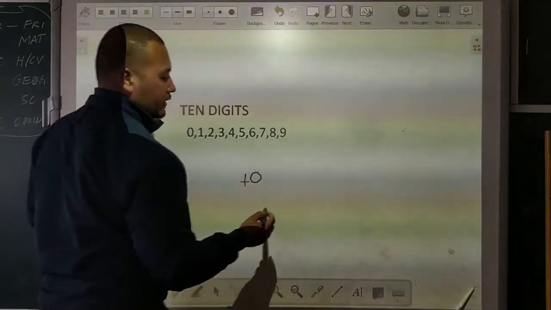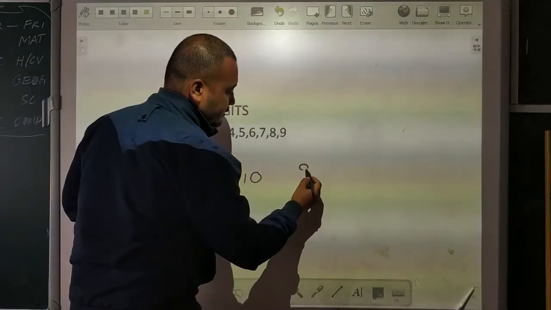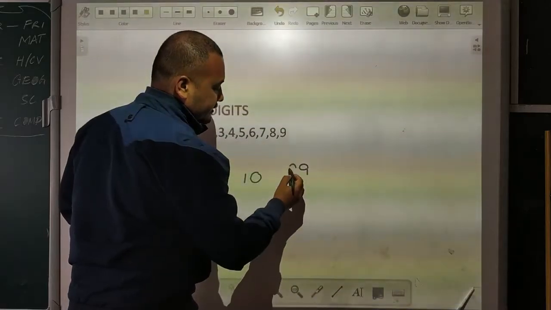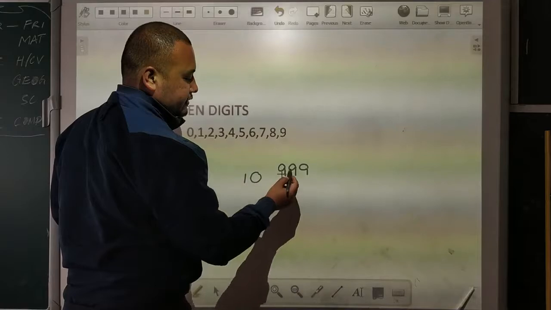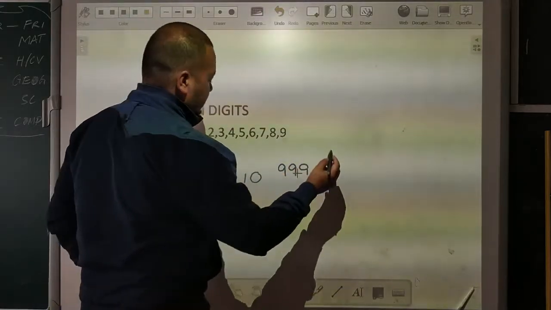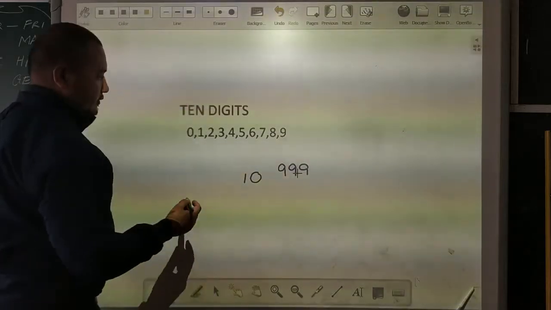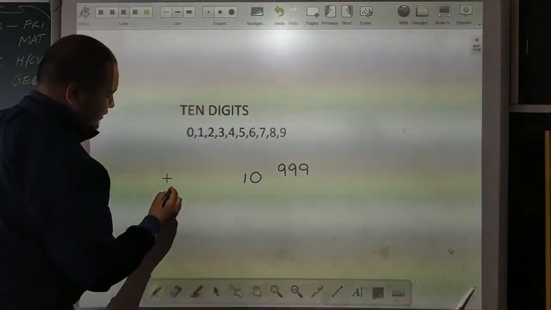In a similar way, how can I write 999? 9 in the units place, 9 in the tens place, and 9 in the hundreds place. So this is 999. Let's take one more example. How can we write 123?